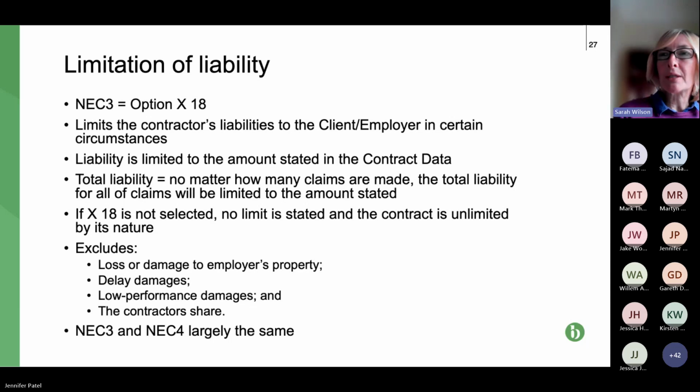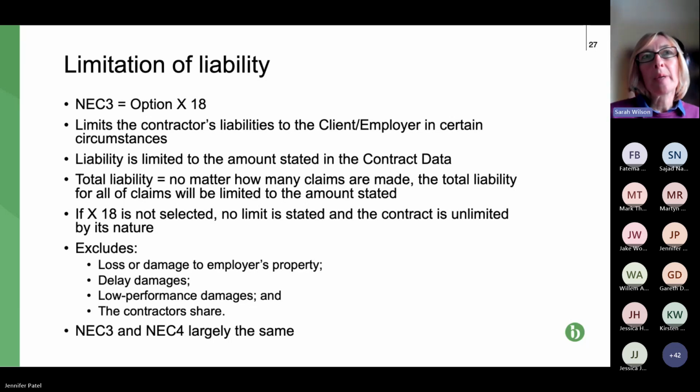But then when I looked at the Z clauses, what it said was, this limitation of liability clause actually applies to limiting the liability of the contractor as against the subcontractor. So it wasn't limiting the liability. So, that's the importance of reading the contract and checking the Z clauses carefully.